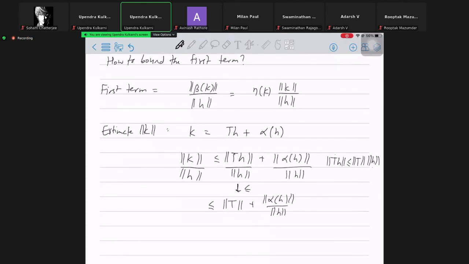So putting it all together, beta of k, what do I know about that? That is norm of eta of k times this. Remember, h is under my control.